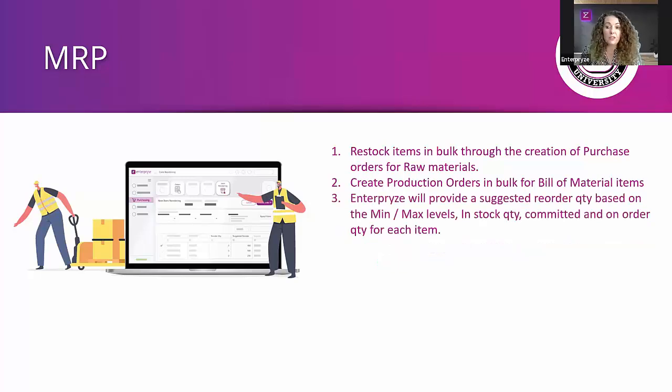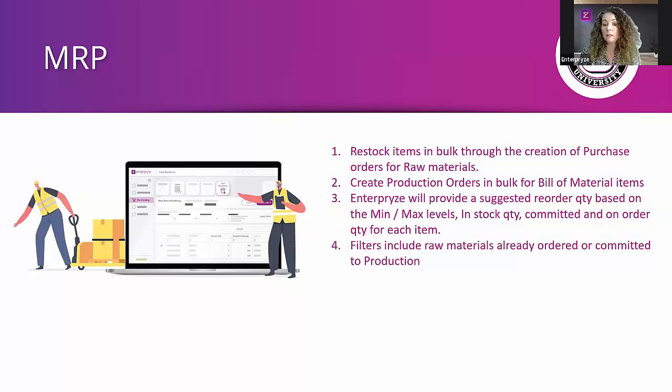Enterpryze will provide a suggested reorder quantity, and that can be based on certain filters, which is minimum, maximum stock levels, or it could be the in-stock quantity, it could be committed, or it could be on order quantity for each item. There are additional filters as well that can include where raw materials are already ordered from your suppliers or are committed to production, so that you can see and make informed decisions on demand for those raw materials before actually reordering them directly from your supplier.